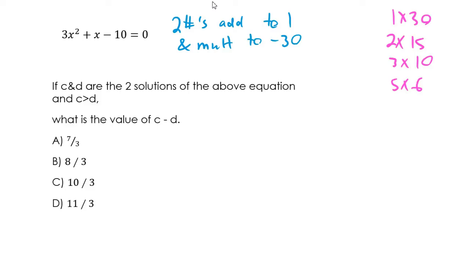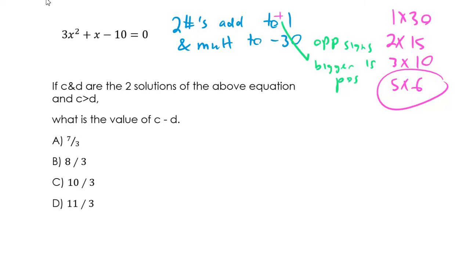And the ones that are going to add to 1 are going to be these. If they add to a positive and multiply to a negative, okay, so multiplying to a negative means that they need to have opposite signs. And they add to a positive, which means that the bigger one is the positive one. So that means that the 6 will be positive and the 5 will be negative.